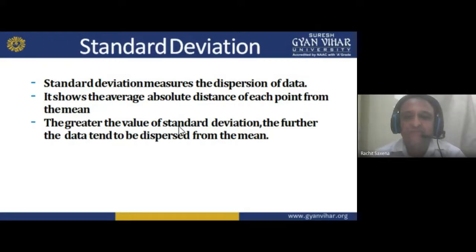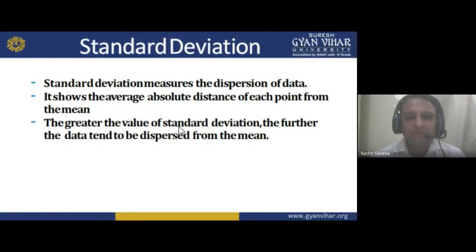I am getting some dispersed values of the data. So what do I have to do? Take a record of it and measure. That is, the standard deviation measures the dispersion of data. It shows the average absolute distance of each point from the mean.